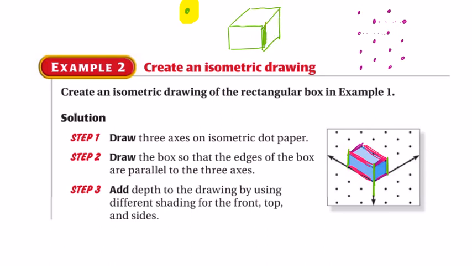Typically, you don't have to do it this way. The side of the box opposite of the light source is going to be a little bit darker, and then you have the shaded piece, and then I'm going to have the unshaded piece on top. That's just one way of doing it, even if you don't have different color pencils or pens.